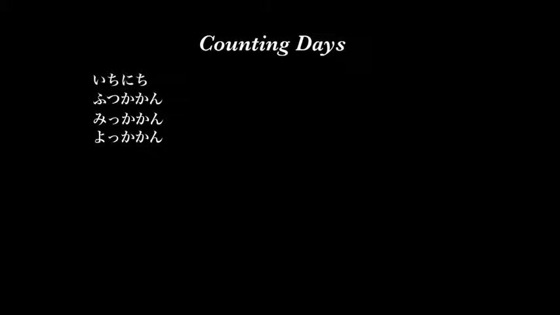I played with my friends for 4 days straight. 5日間 for 5 days, using 5日 being the 5th of the month and adding 間 period of time. 6日間 for 6 days. 7日間 for 7 days.